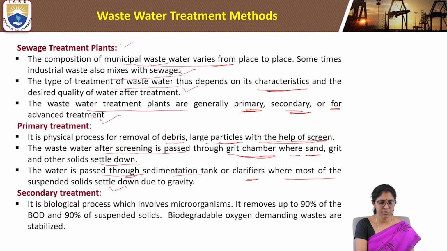Secondary treatment is a biological process. It involves microorganisms. It removes up to 90% of the BOD and 90% of the suspended solids. Here biodegradable, oxygen demanding wastes are stabilized in secondary treatment.